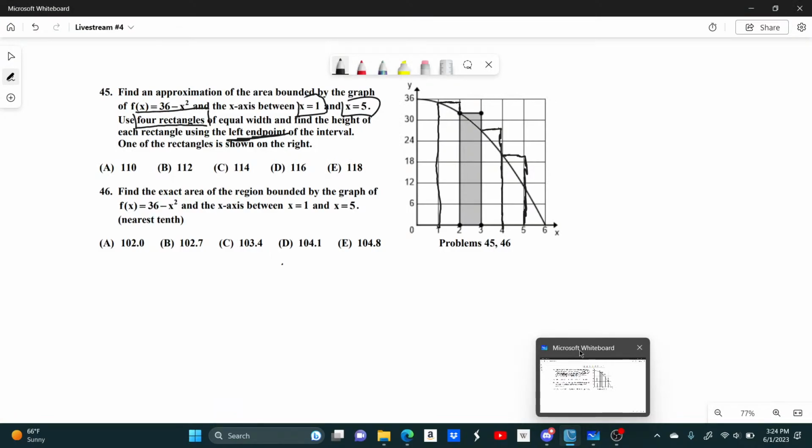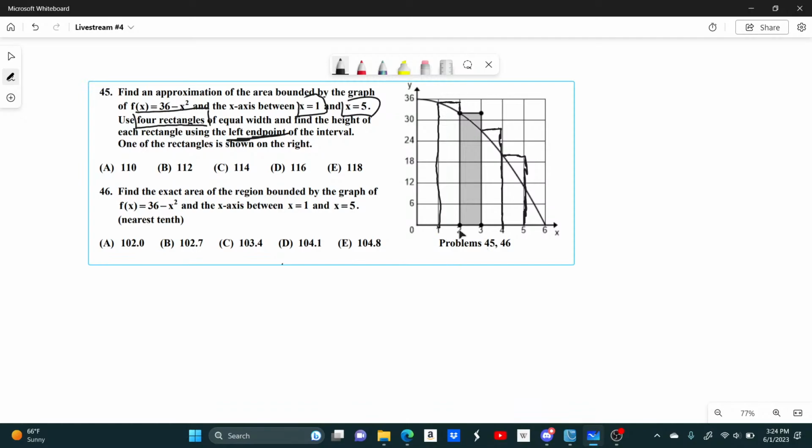So for each of your rectangles, the area of a rectangle is just length times height, so width times height. The width of each of your rectangles, since it's from 1 to 5, an interval of 4, and you have 4 rectangles, is just going to be 1 for each of them. So the area of your rectangle would actually be the same thing as just the height of the left endpoint.